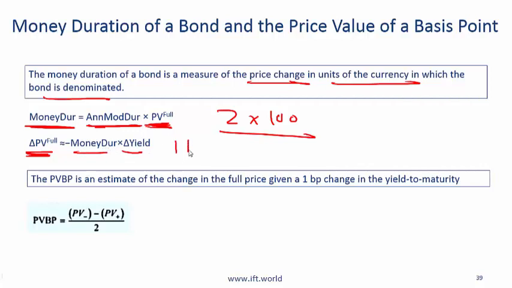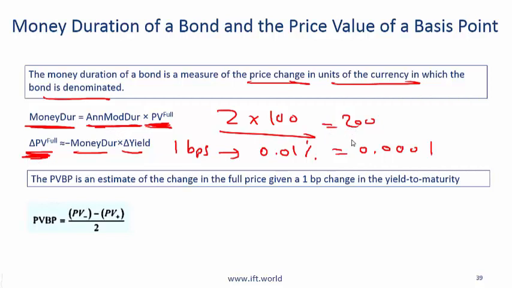So if the yield changes by 1 basis point and your money duration is 200, then what is the change in price of the bond? So 1 basis point means 0.01%, which is the same as 0.0001. So for this particular bond, a 1 basis point change means how much change in the price of the bond?